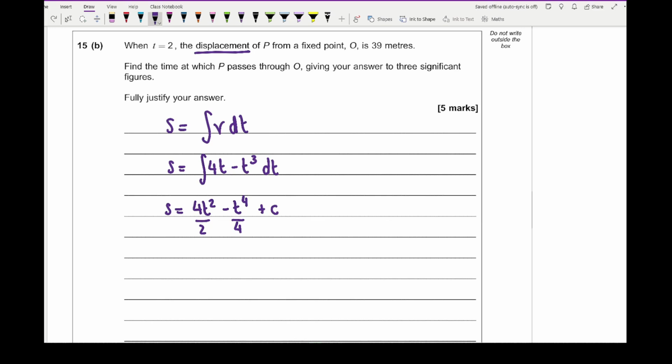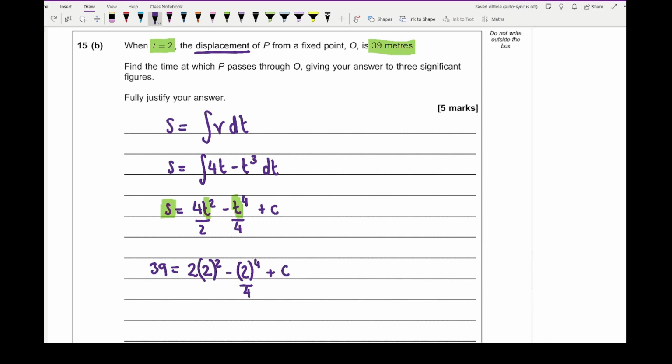and we need to consider what we are told. So we're told when t is equal to 2, our displacement is 39 metres. So we can replace the displacement and the t values with 2 and 39. 39 is equal to, if we cancel the 4 and the 2, that becomes 2 lots of 2 squared minus 2 to the 4 over 4 plus c.